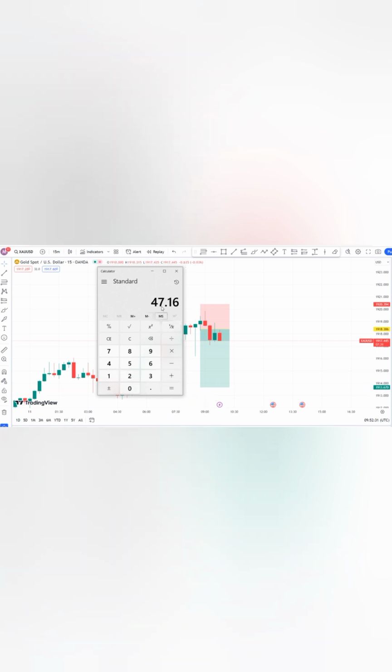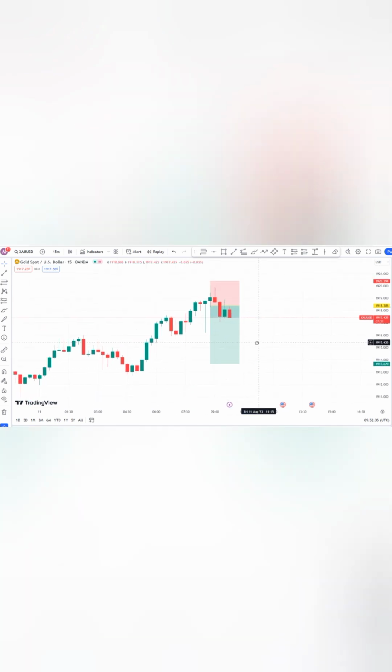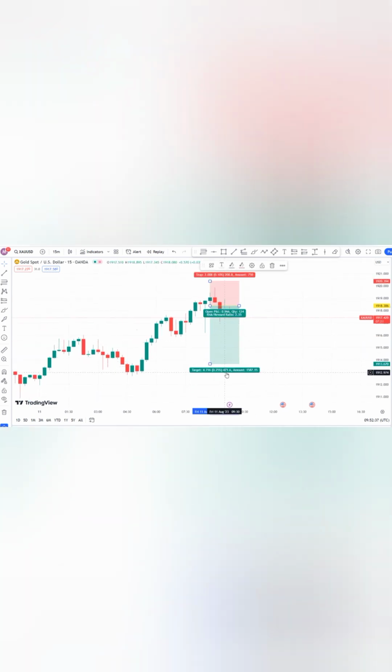What do we have, guys? We have 47.16 pips. But look at what the long position tool is giving us: 471.6. Good. That means you just have to divide this value by 10 and you're going to get your pip calculation for gold. I hope this is very clear and simple.